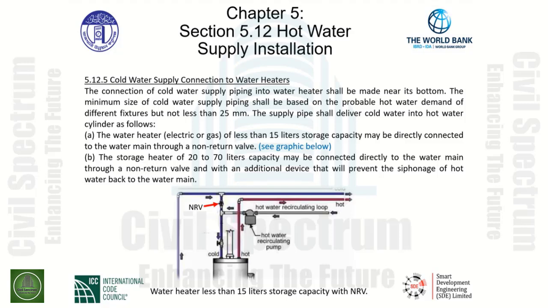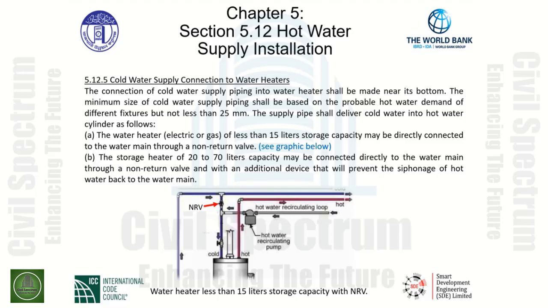Item B, the storage heater of 20 to 70 liters capacity may be connected directly to the water main through a non-return valve, and with an additional device that will prevent the siphonage of hot water back to the main.